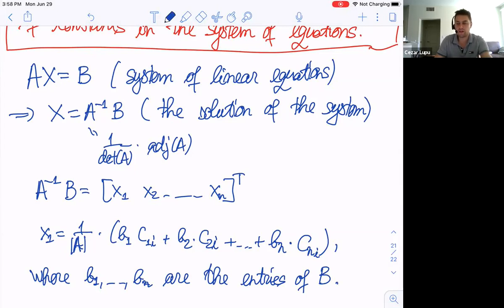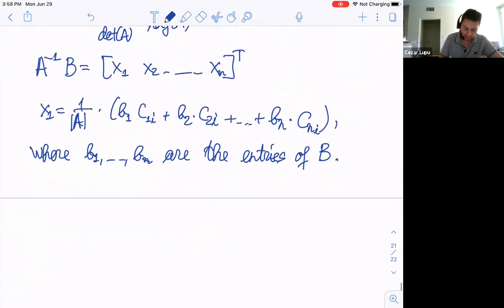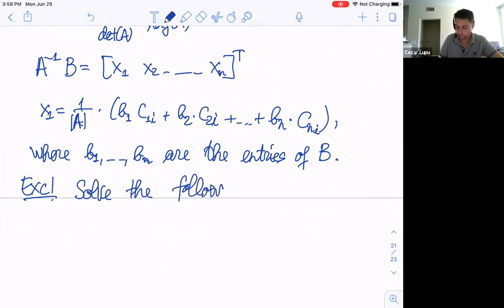And now let me give you an example. Let me give you a system which will look something like this. Exercise: solve the following system of linear equations.